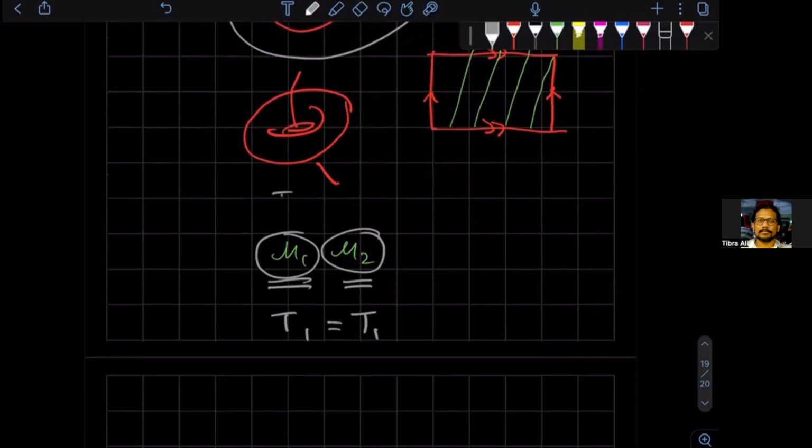There might be another topological invariant, say T2, where they are not equal. If you can find two topological invariants which are different for these two spaces, then they're topologically different, right? Yeah, I understand. Okay, so let's carry on.